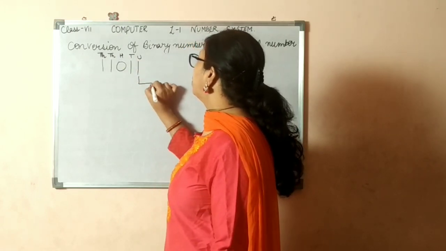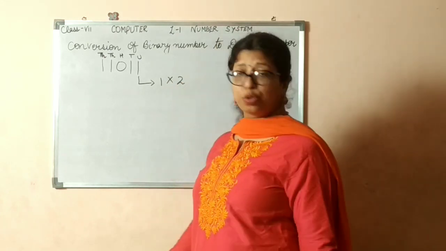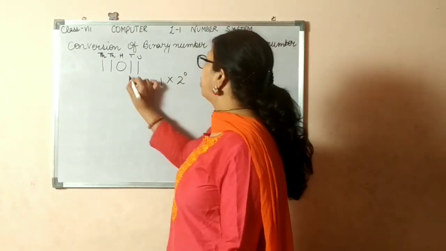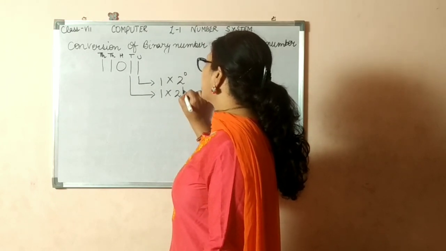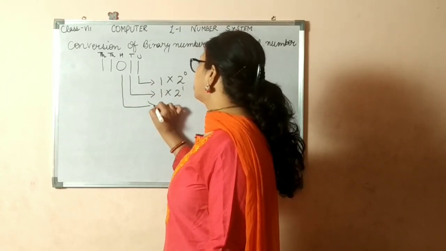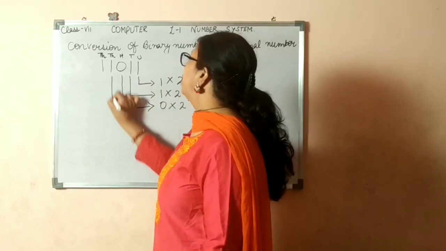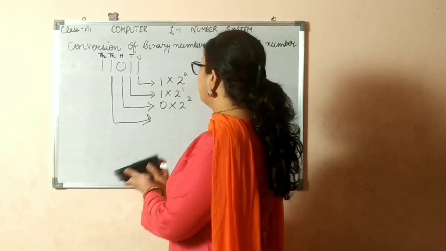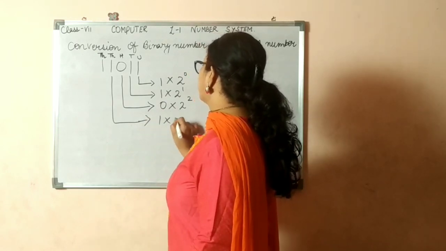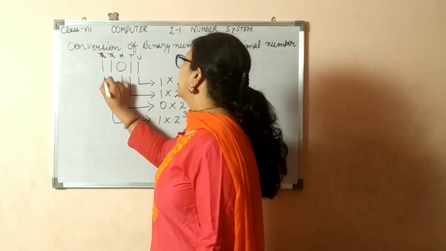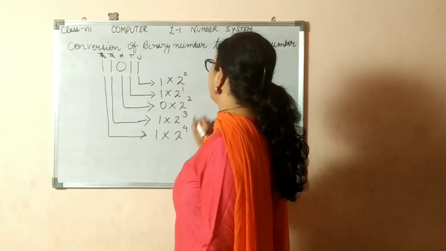See how the positional value is increasing as my base is 2 raised to the power 0 here. Next is 1. The positional value is increased as 2 raised to the power 1. 0, 2 raised to the power 2. Next number is 1, 2 raised to the power 3. Another number is 1, 2 raised to the power 4.